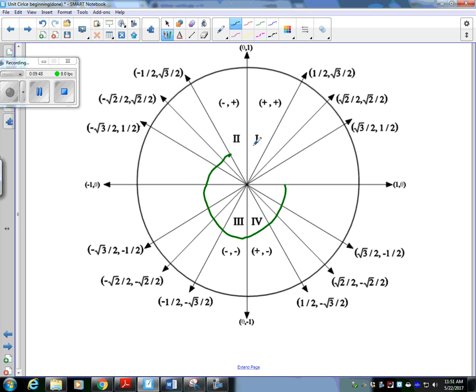So that is negative 240 degrees. And at that point, we look up, and so we have negative 1/2, that's the cosine, and square root of 3 over 2 is your sine.